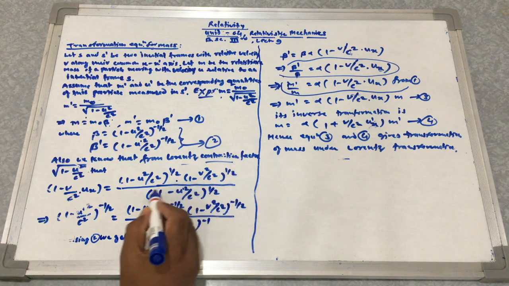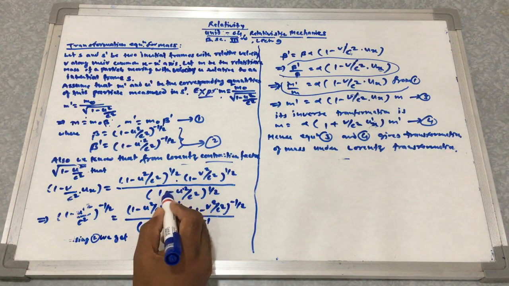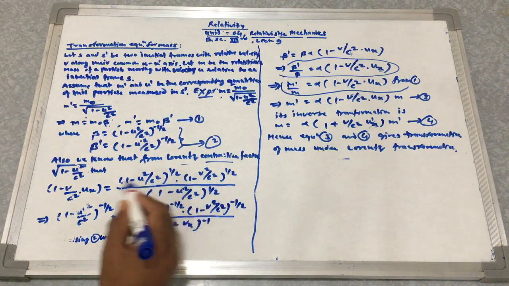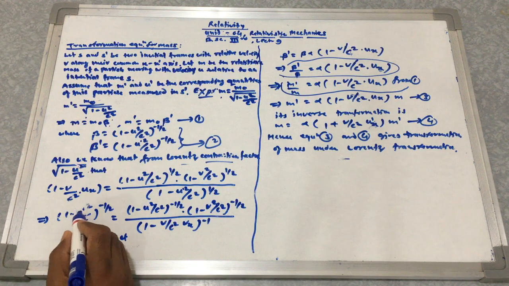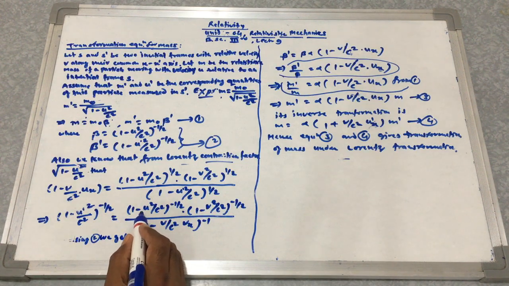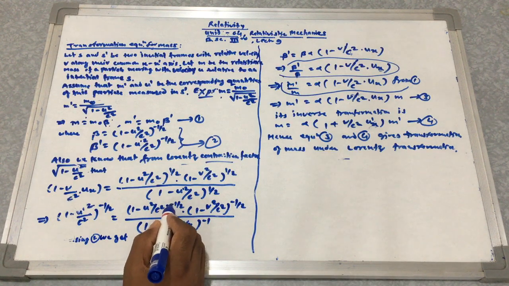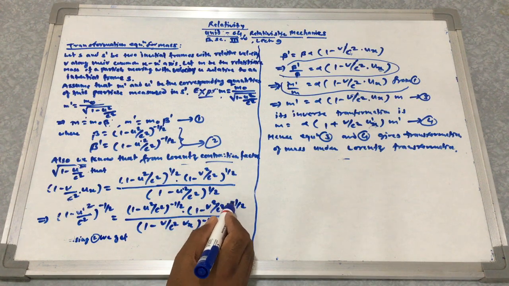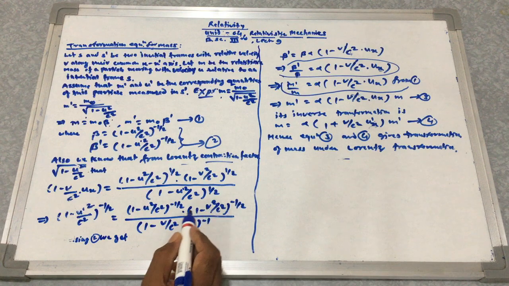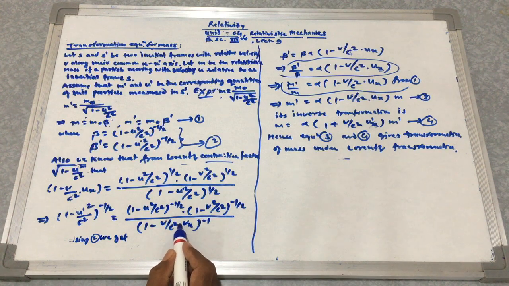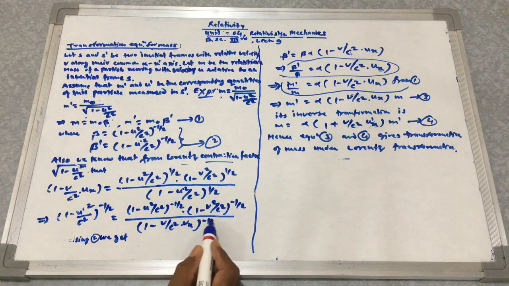Dividing, this is the expression. Likewise, 1 minus u dash square upon c square raised to minus half is equal to 1 minus u square upon c square raised to minus half, into 1 minus v square upon c square raised to half, upon 1 minus v upon c square into ux.